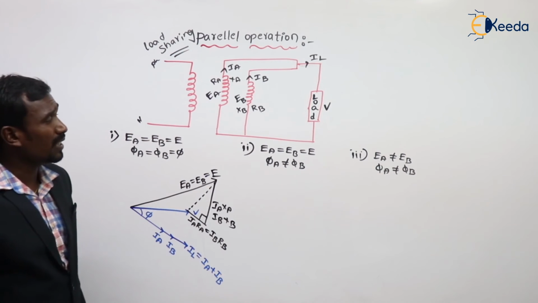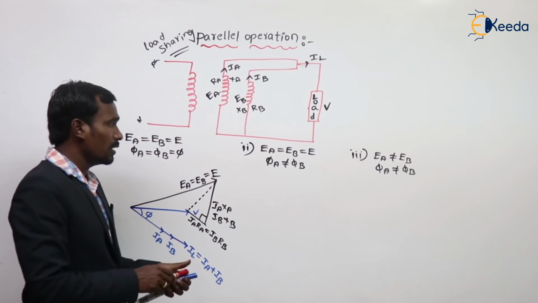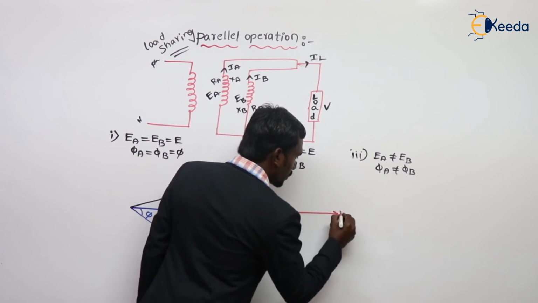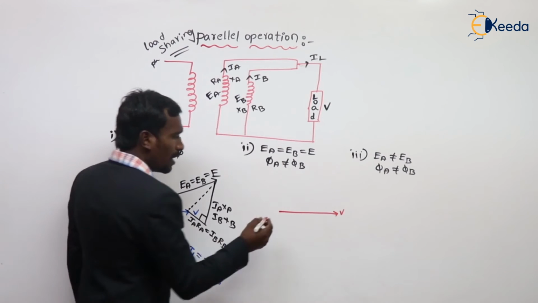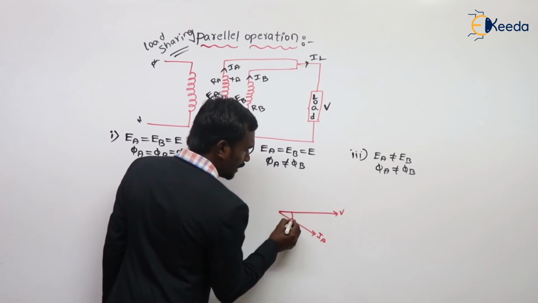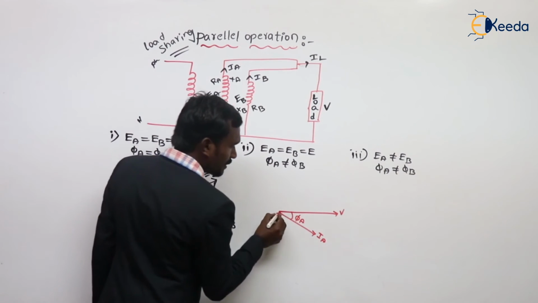But here, this is somewhat different. Let's see clearly here. For example, this is V, and for example, this is my IA with some angle theta A. But theta B is different.